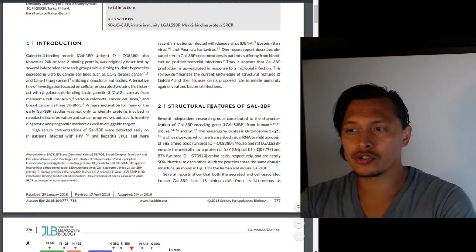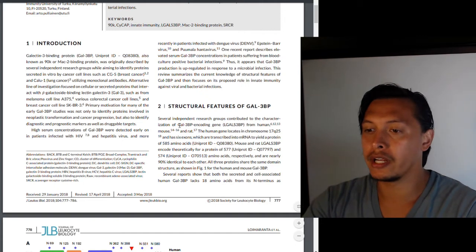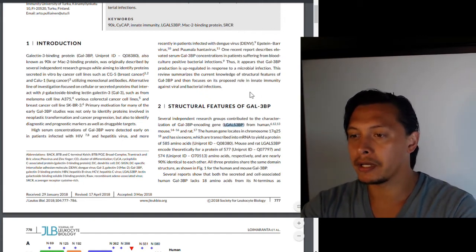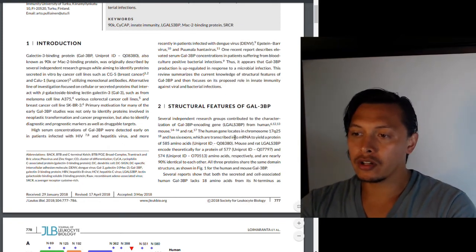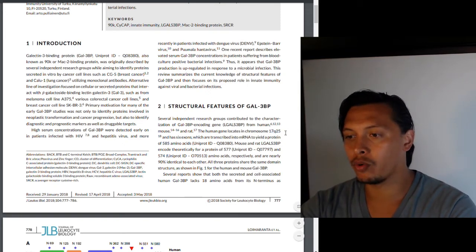Anyways, the structural features of galectin-3 binding protein. So several independent research groups contributed to the characterization of the galectin-3 binding protein encoding gene, which is LGALS3BP, from humans, mouse, and rat. The human gene locates in chromosome 17 q25.